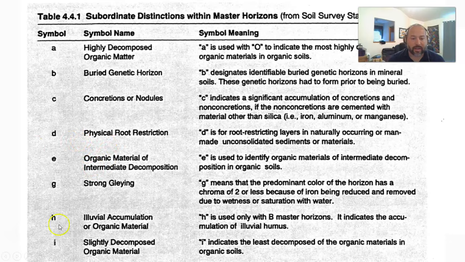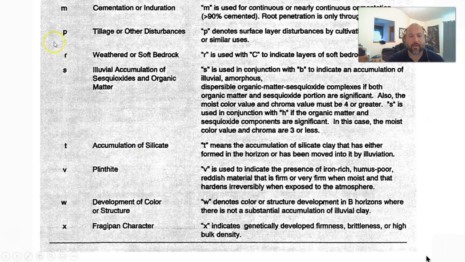You can see these kind of go on, you know, h for illuvial accumulation, i for slightly decomposed organic material. There's more than this. This is just some examples that I got for you.